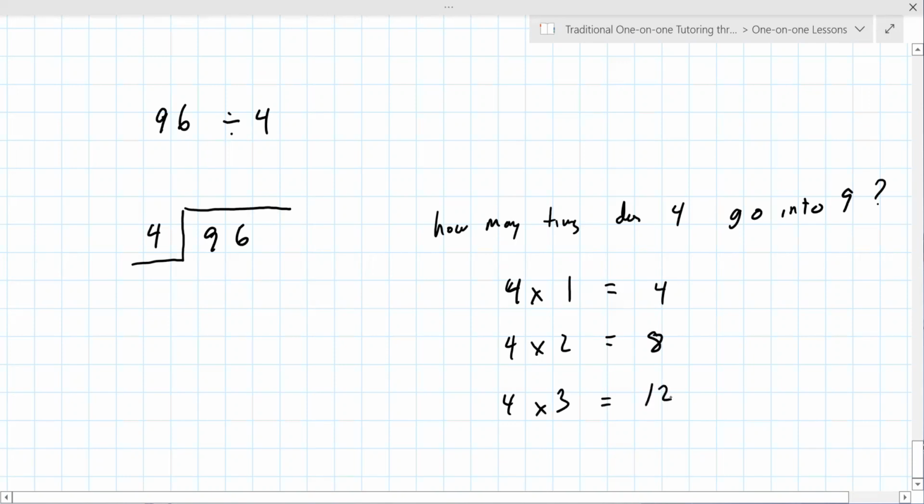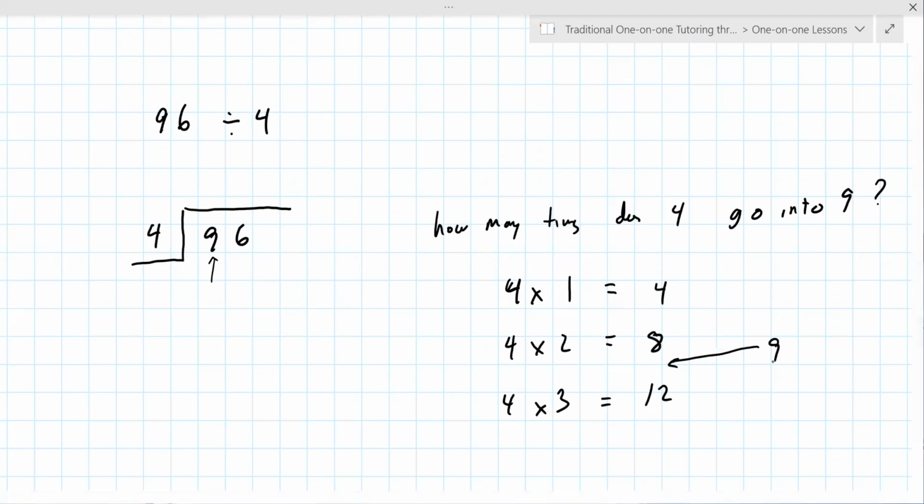So we stop when this first number 9 is between the two numbers that were there. So what number do we put up above the 9? Is it 1, 2, or 3? 3. We always choose the smaller number. The smaller number.